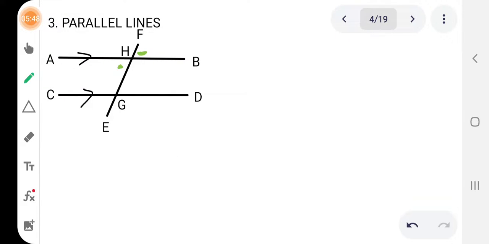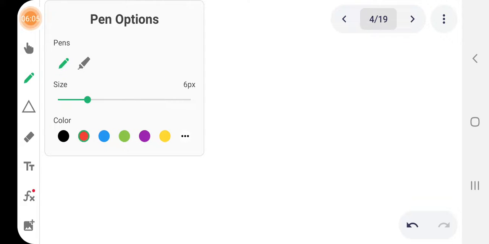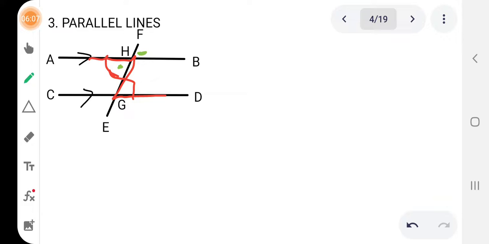If we are talking about alternate angles, we're talking about something like a Z. We are simply saying this angle here is equal to that angle, the alternate angle. If we are having co-interior angles, we are going to talk about something like this. Co-interior angles are supplementary.